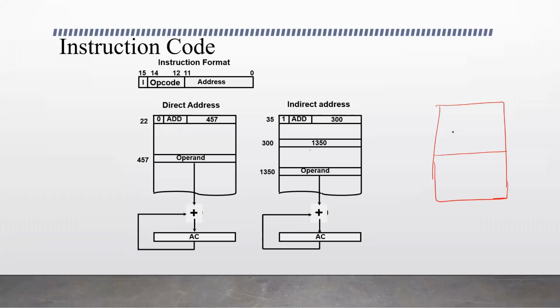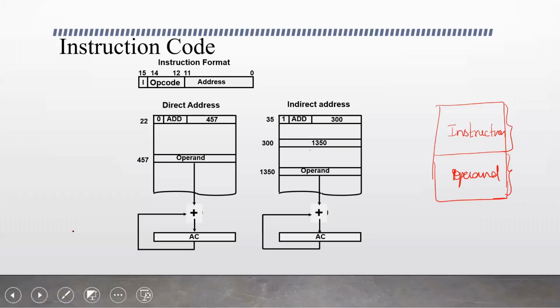So it is divided into two parts: operands get stored in this location and instructions get stored in this location. Generally, the instructions in a program get stored in consecutive memory locations.